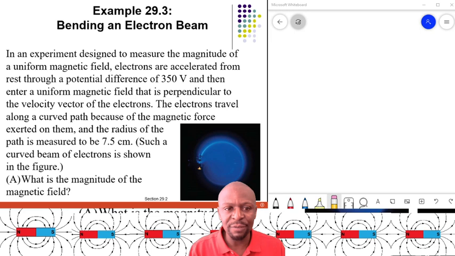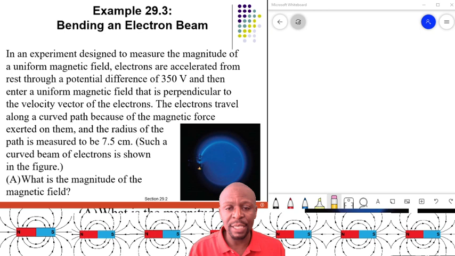The electrons travel along a curved path because of the magnetic force exerted on them, and the radius of the path is 7.5 centimeters. Such a curved beam of electrons is shown in the figure. In this case, just like in the helical movement, when you are standing on the x-axis, this is what you are going to see as a circle.